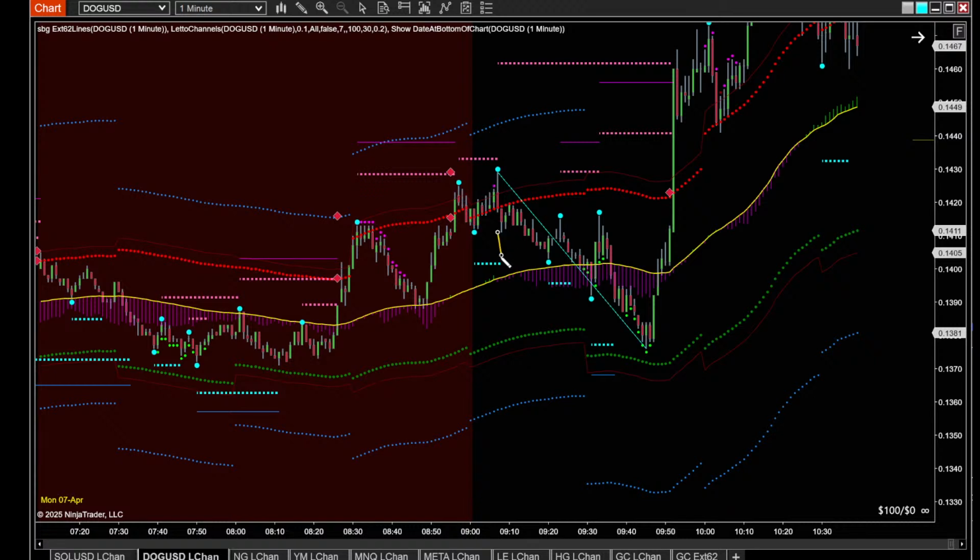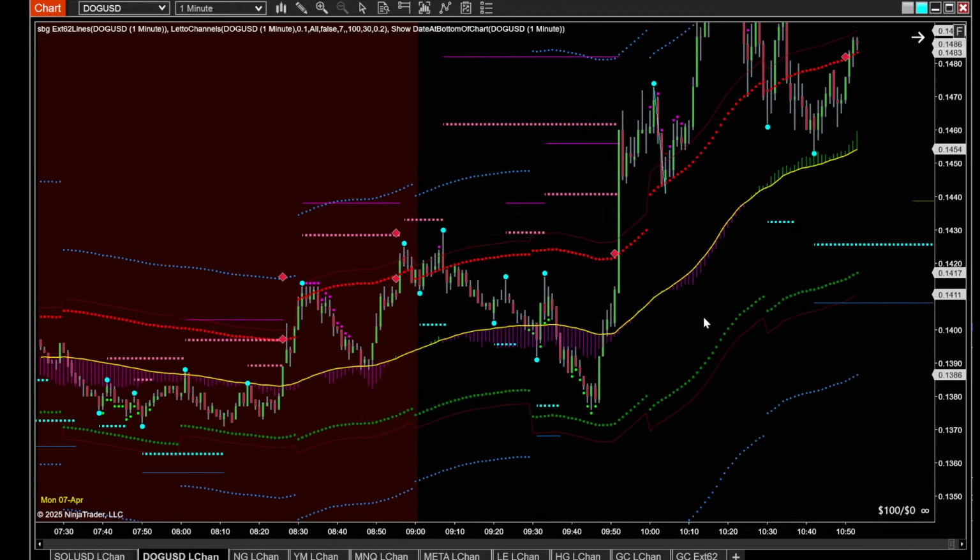We're short here, and we're just going to go down to where the target is hit. Unfortunately, it's kind of small. It's 10 ticks in Doge, which is tiny, so I can't give you the exact dollar amount. But obviously, you'd be buying several thousand tokens. But we do hit target here. That's the good sell signal.